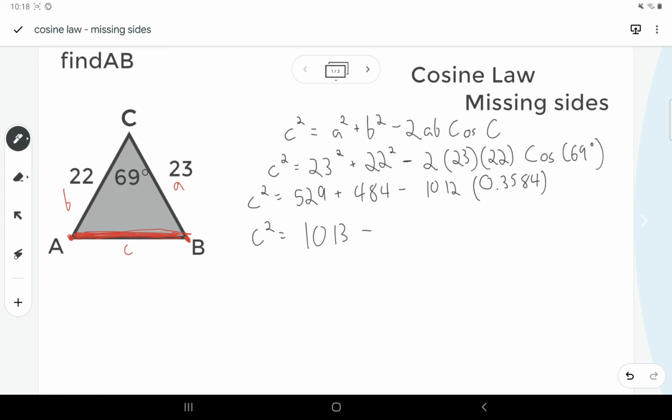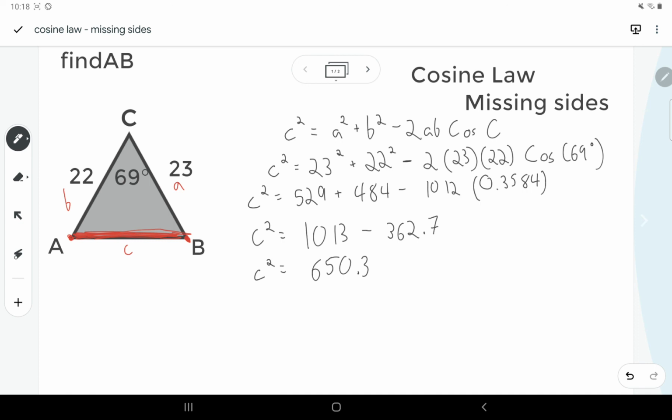Okay, and that'll give us, again rounded a little bit, 362.7. Now we're down to a fairly simple equation here. c squared equals 1013 minus 362.7, which will give us 650.3. Okay, so that is all of our solving there.